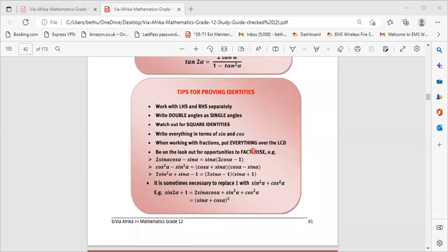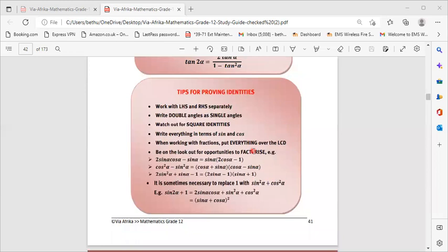So I'll be taking you through the tips for proving identities. When you are asked to prove an identity, kindly write these tips for yourself so that you can use them as you practice proving identities.